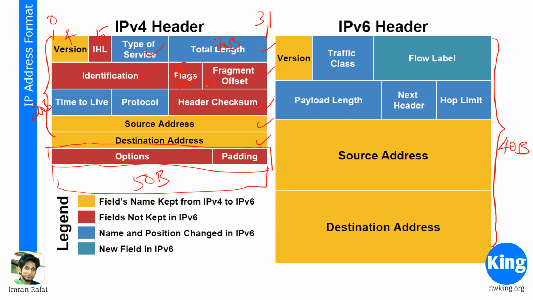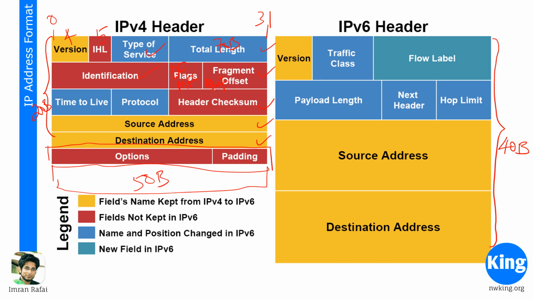The last packet will have MF set to 0, telling that there are no more fragments. That means this is the last fragment, and this fragment will say number 4, right? So the receiving device knows how to reassemble it. It knows the order. Fragment offset tells you the order of fragment reassembly.